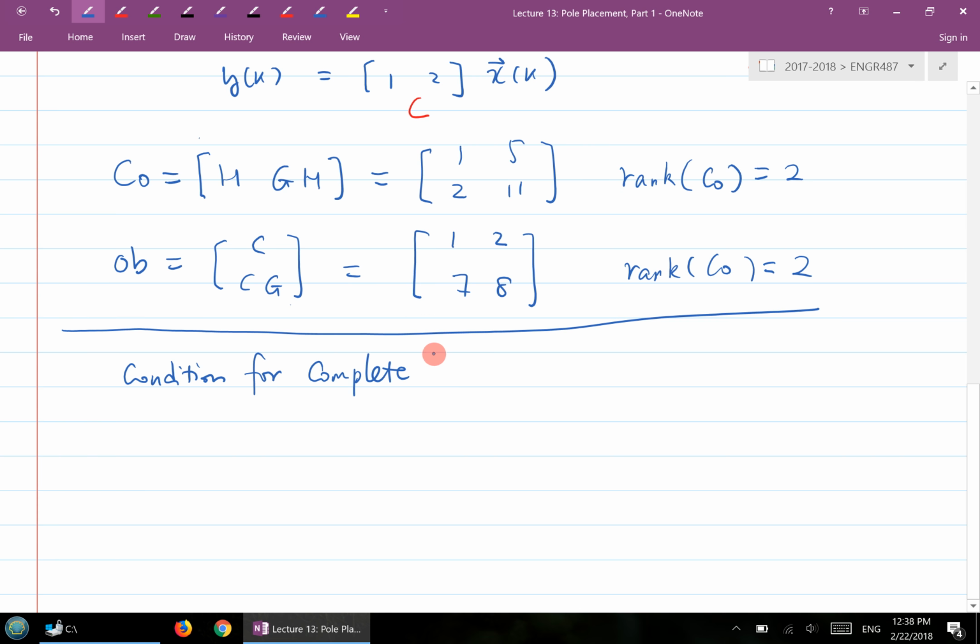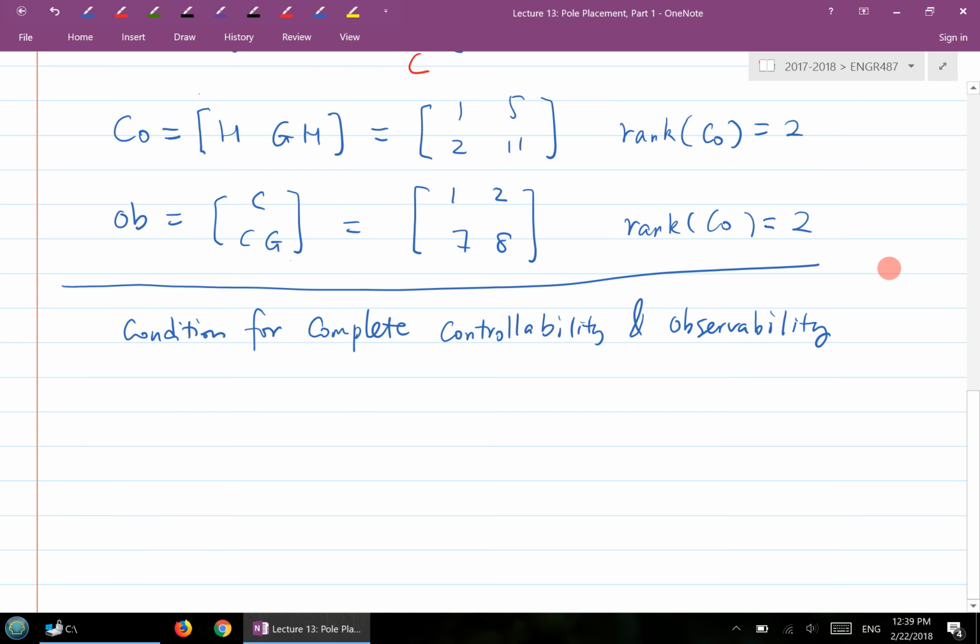So I'm going to give you a theorem: what's the condition for complete controllability and observability, so that a system is both controllable and observable? Okay, so here's a theorem.